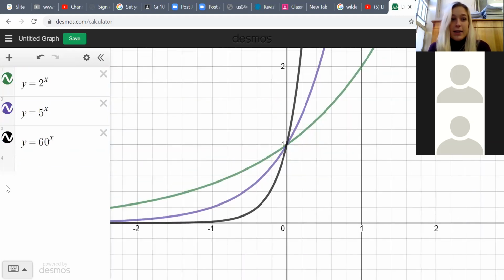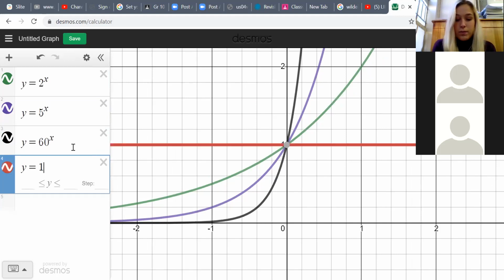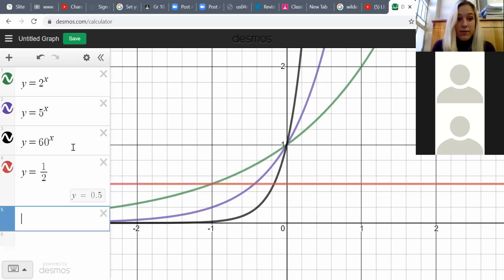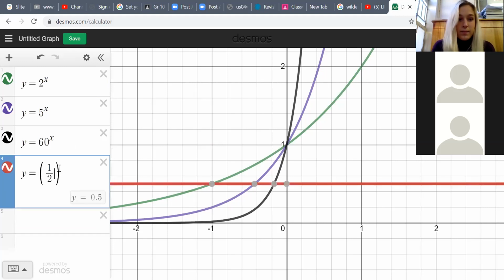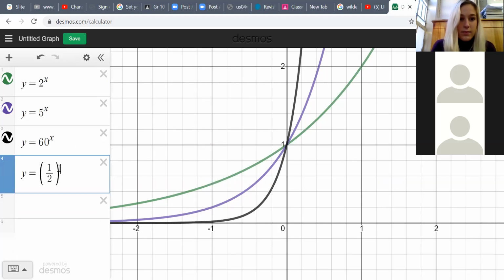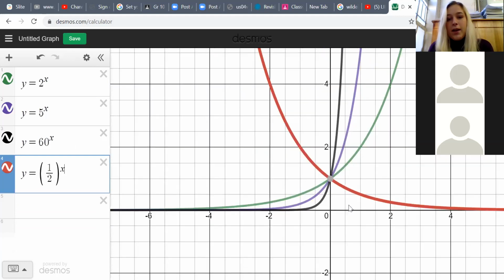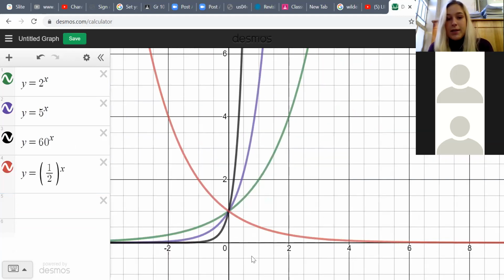Okay, now let's have a look at our ones with a k that is between 0 and 1. So we have y is equal to a half to the x. Okay, it is exactly what I thought it would be and what I explained it to be.